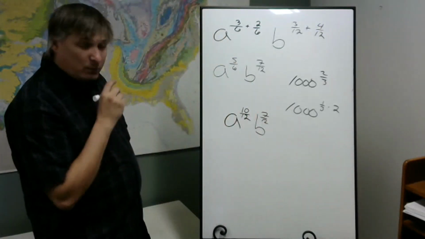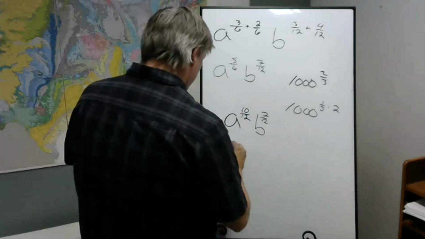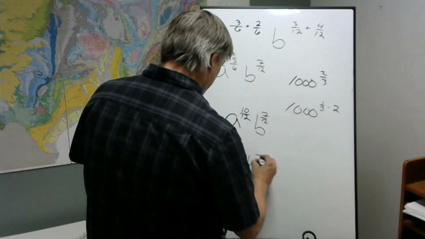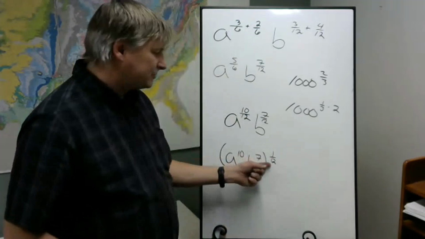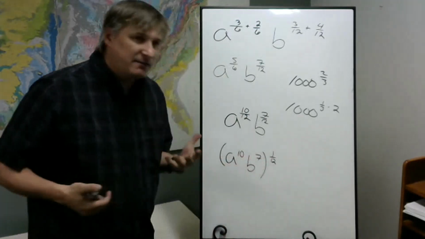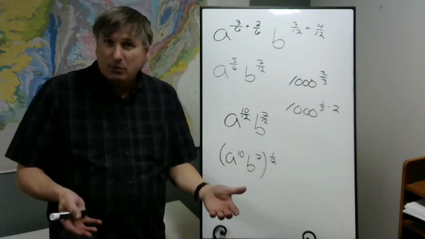And what we can do next is extract the 1 over 12. We can think of this as a reverse distribution, and this is one of our exponent rules.